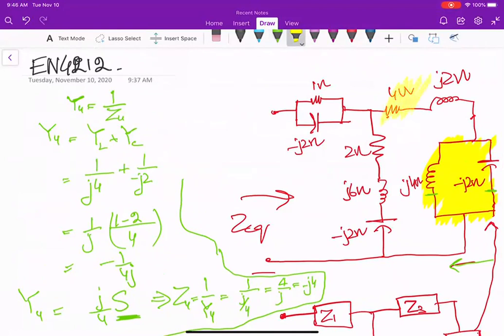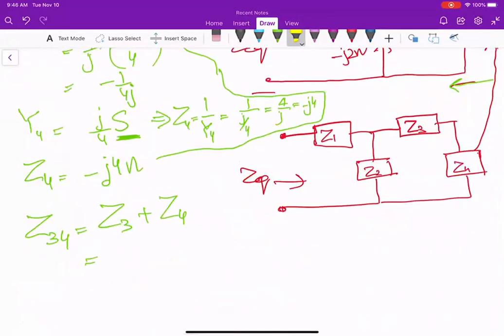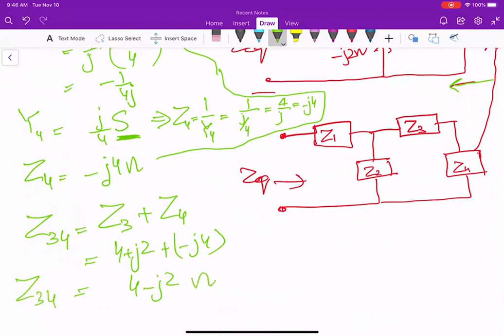So this is our Z3, which is ZR plus ZL. What should it be? 4 plus j2, right? So Z3 is 4 plus j2, and Z4 is minus j4. So it will become this Z34 ohms. Okay, so we are good here.